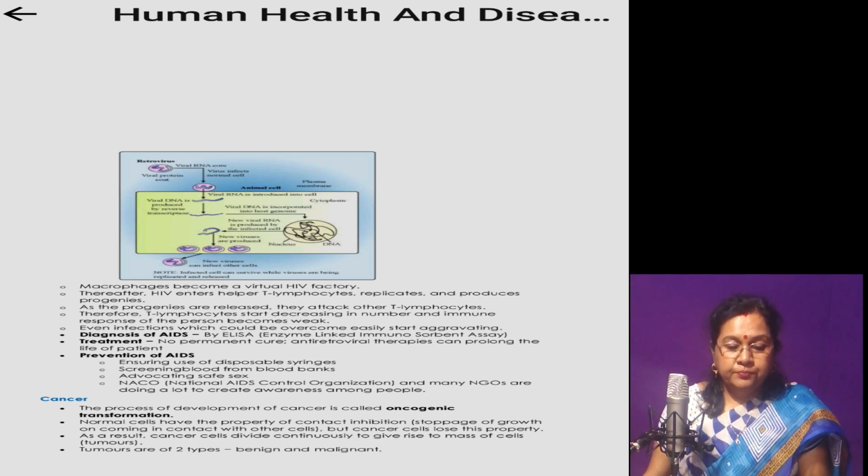After the infection, the incubation period before AIDS symptoms appear varies from a few months to 5 to 10 years. If they are treated, their lifespan can increase, but death cannot be prevented.